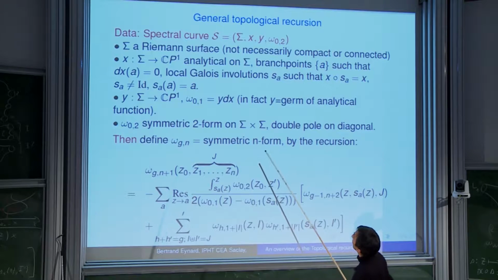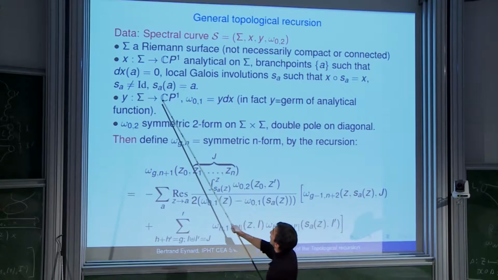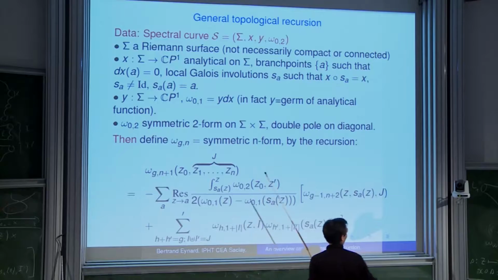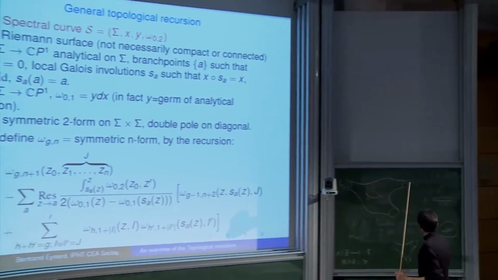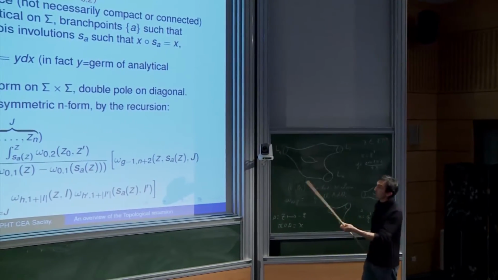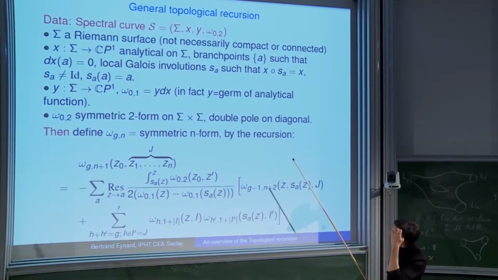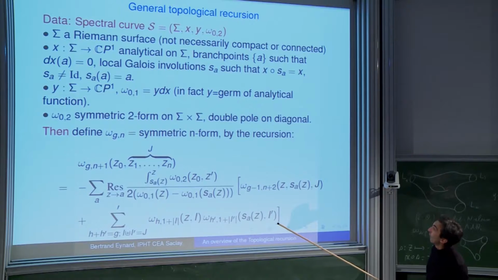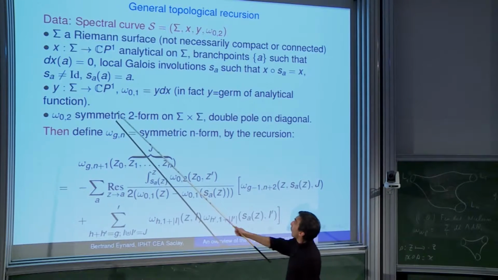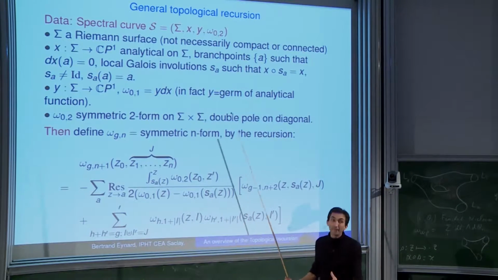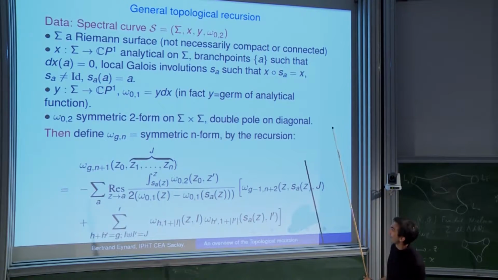But so, the involution in this case was just s to minus s. In general, you need to compute the involution like that. And the y is more or less the equivalent of the eta of Professor Kazarian.